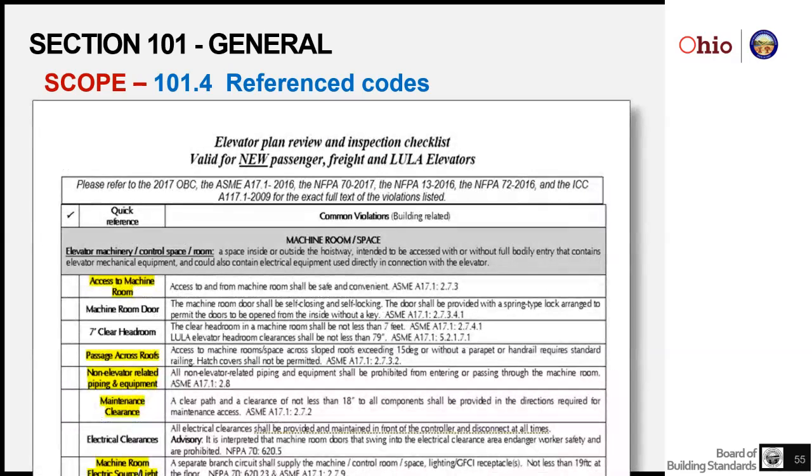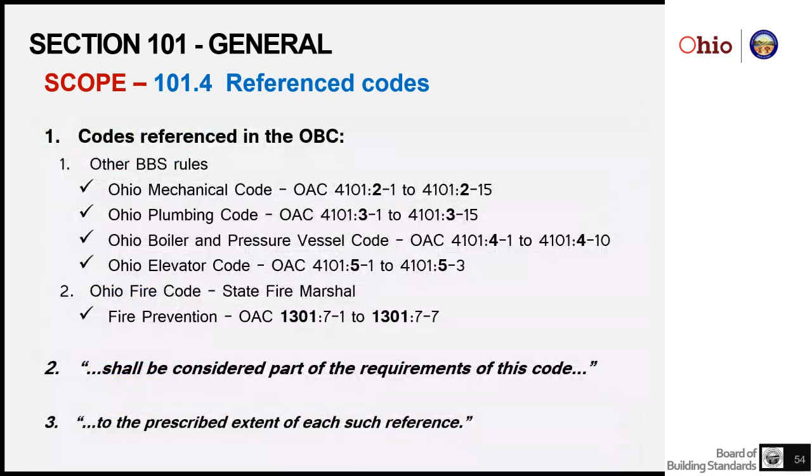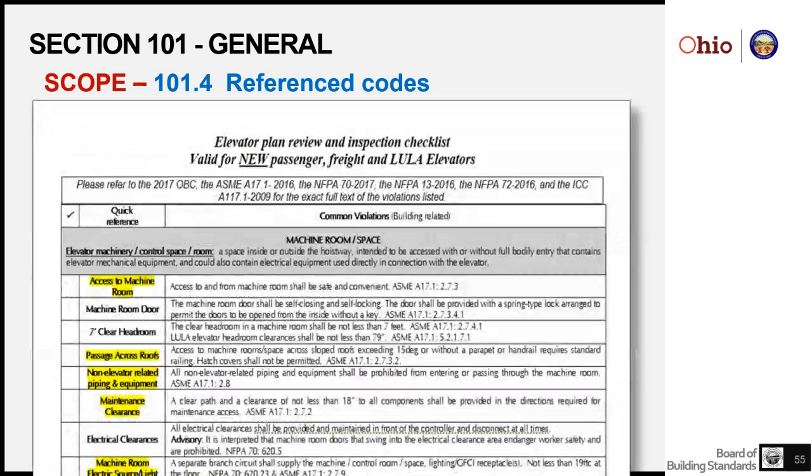This particular form, I just captured the top of it. As you will recall, the Ohio Elevator Code is actually one of the codes that the board writes. It is enforced, at least for the public elevators, by the Division of Elevators here in the Division of Industrial Compliance.